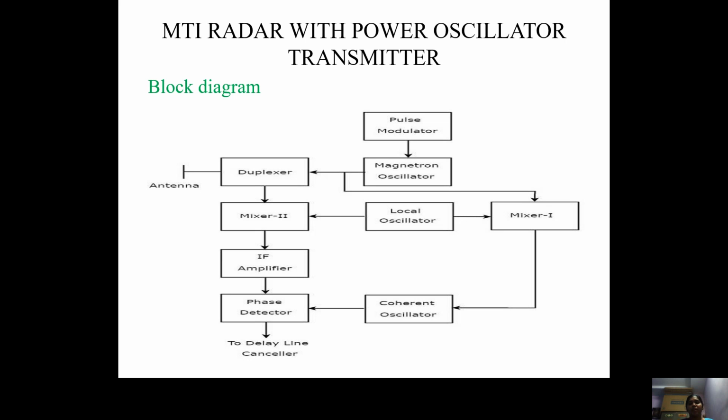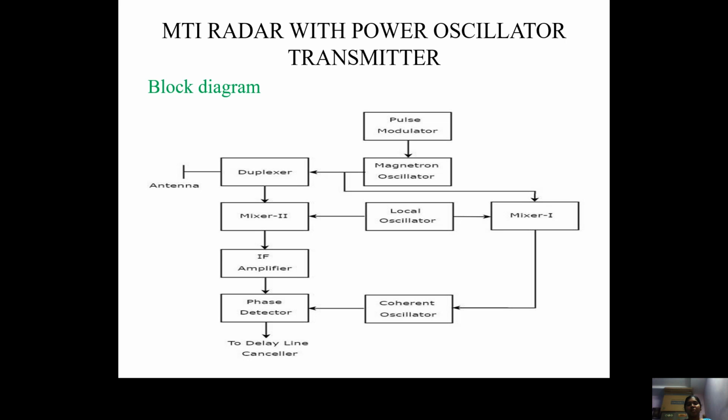Here the received echo signal at the duplexer will contain the frequencies FL plus FC plus or minus FD. That is applied to mixer 2. Similarly, from the local oscillator, the local frequency signal which we transmitted previously is given to mixer 2. The frequencies which are the same, FL, are cancelled.